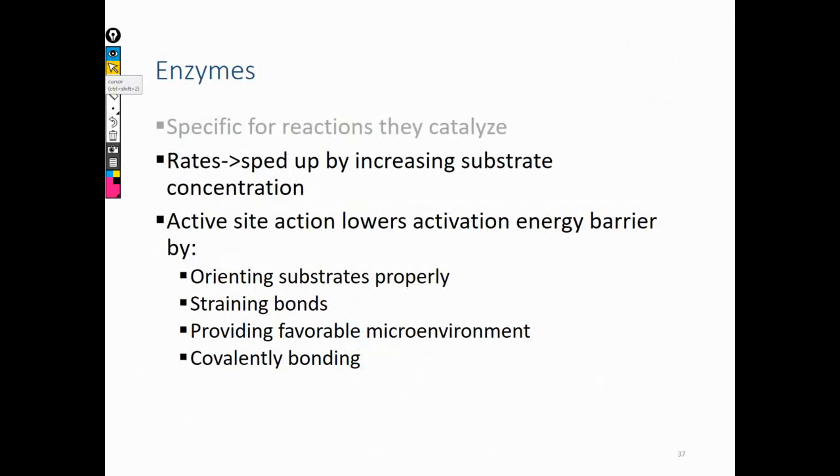So that leaves us our last question. How do enzymes do what they do? It's really answered by this lower bullet. Our enzymes slash catalysts, remember their goal is to lower that activation energy.